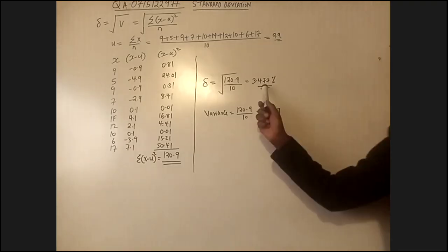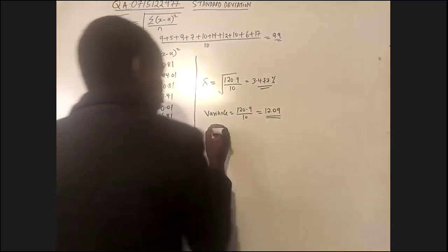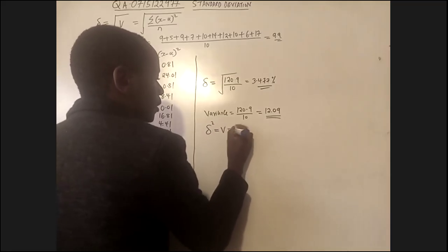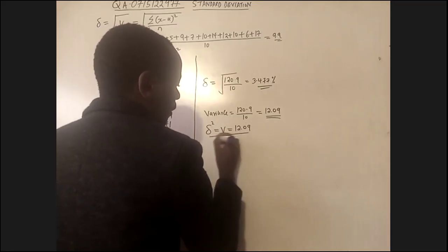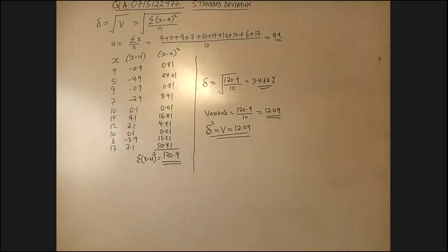But without the square root, when the question is talking about variance, that one is the variance. So the standard deviation squared is equal to the variance, which is 12.09.